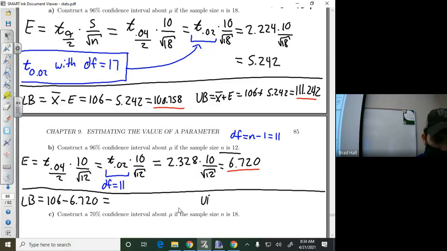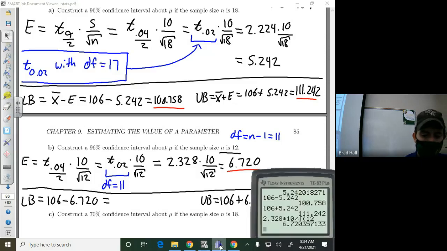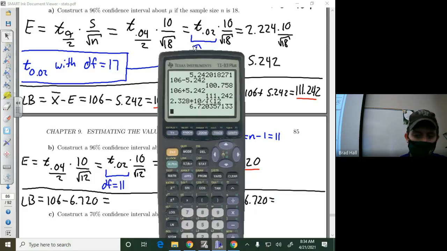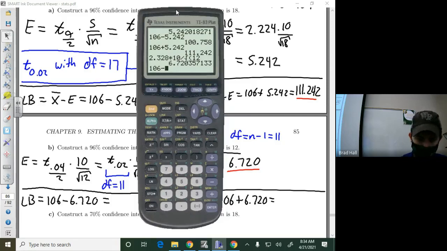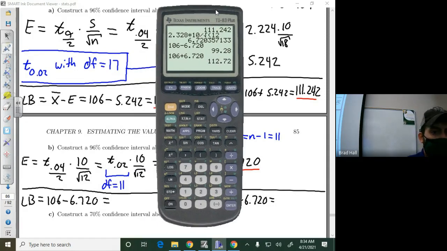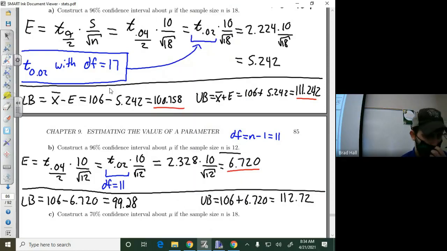And there's an upper bound, the sample mean plus this error term that we found. So the lower bound is 99.28. The upper bound is 112.72, it looks like. And that is our confidence interval.